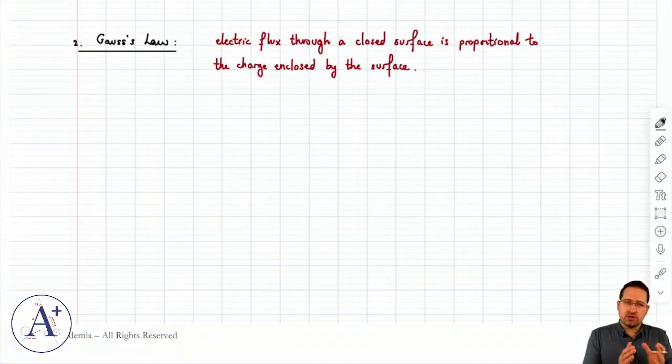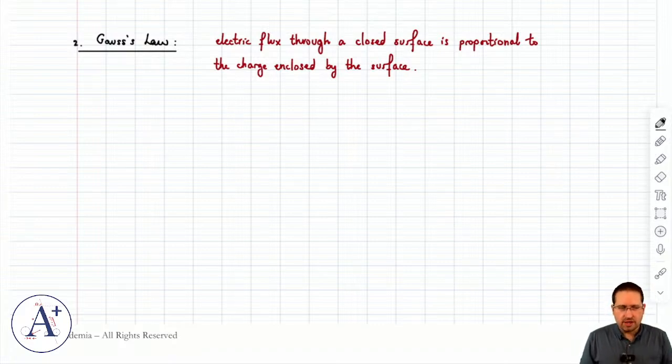If I double charge, I should have twice as many field lines. So it kind of makes sense that if doubling charge will double the number of field lines, then the flux ought to double as well, because now for a given area, I would have twice as many field lines going through. And the factor of 2 is directly proportional to the charge that I have to begin with. So that's the simple idea behind Gauss's law.